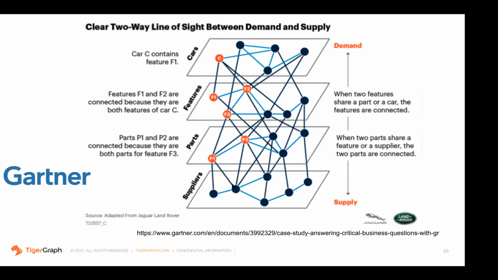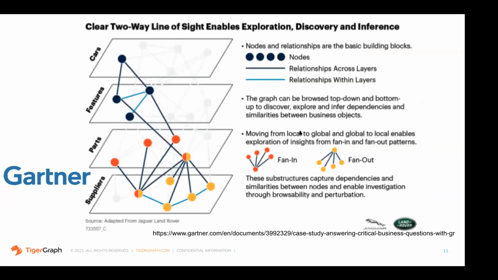You can see how the things move from bottom to top, eventually producing cars, and that they can investigate both up and down the hierarchy to consider both demand and supply.